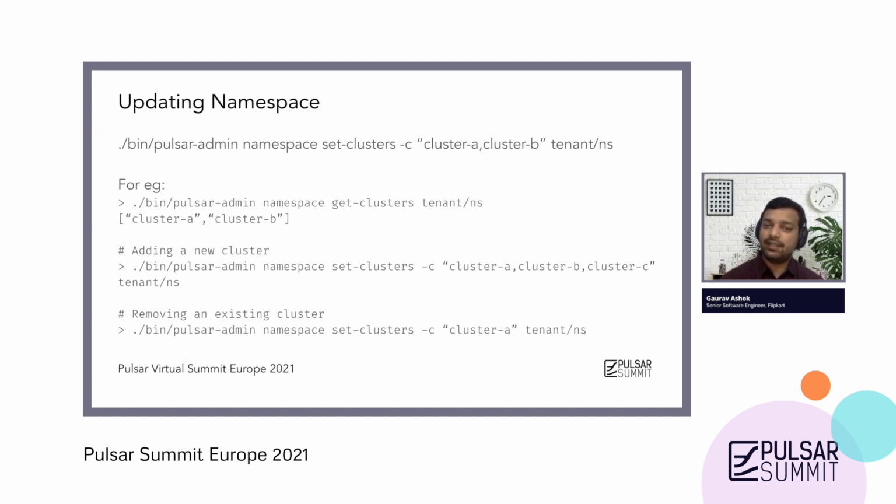The API is very simple actually to do that. The get clusters will give you the list of the clusters for that namespace, and the set clusters will just ask you the list of the clusters, and you can mutate it to anything you want. If you skip a cluster while setting, then that skipped cluster will be removed from your replication mesh.